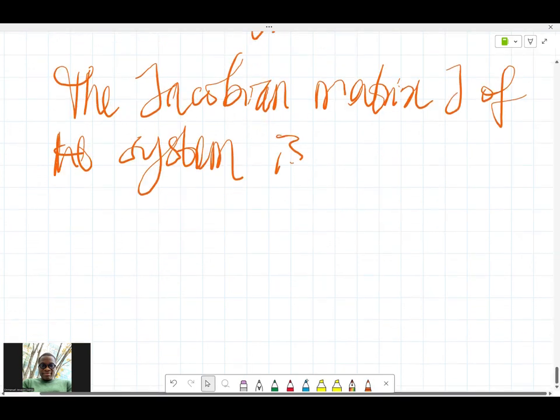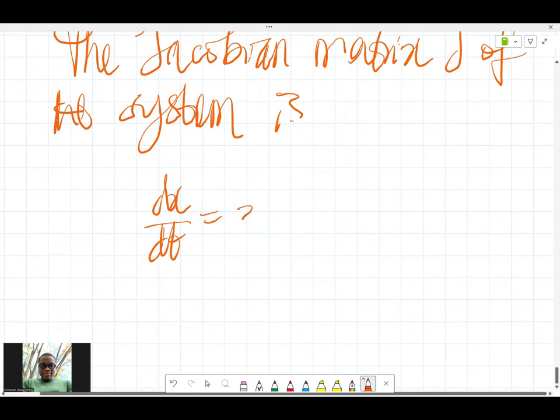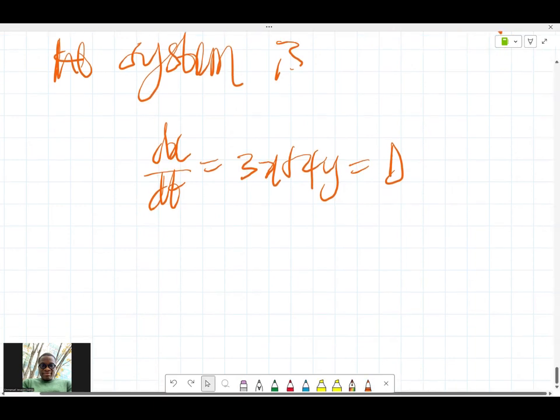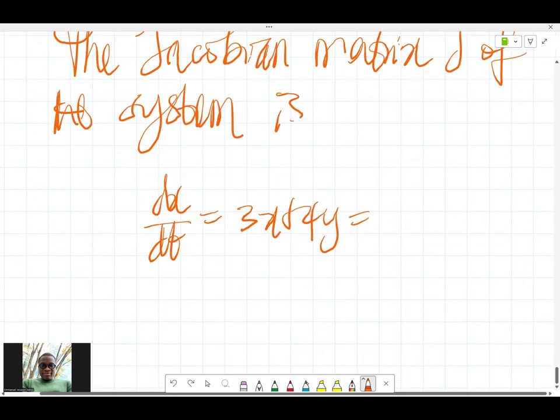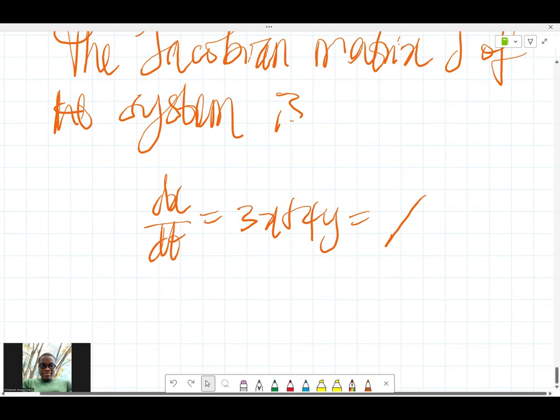Since you have dx/dt equals 3x plus 4y, let's call that x dot, maybe that is a better representation.